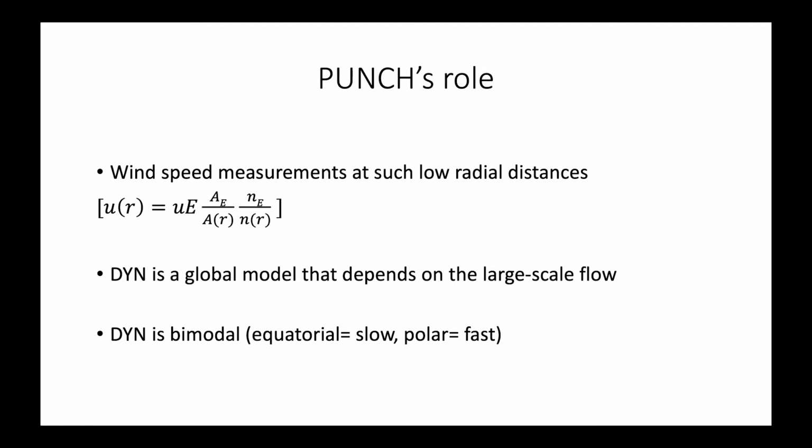And of course, the DIN is a basic model because it uses as a proxy the equator and the polar density distributions. It will be much better if we have more information from PUNCH rather than making this approximation.